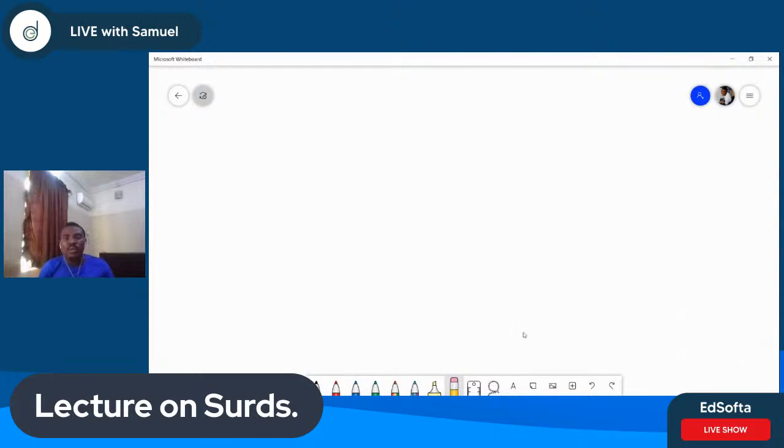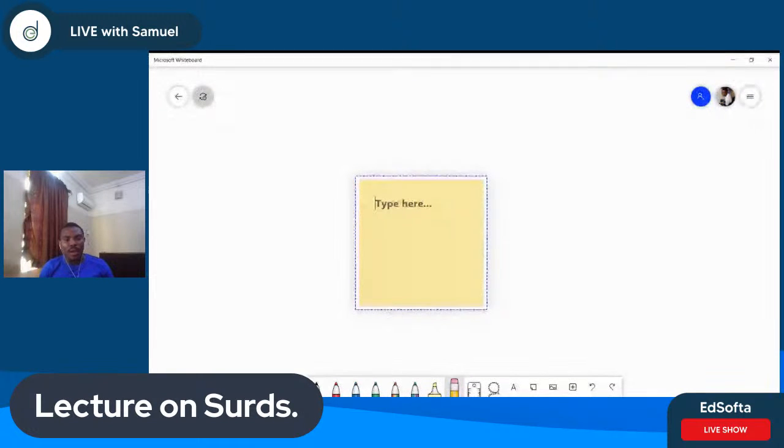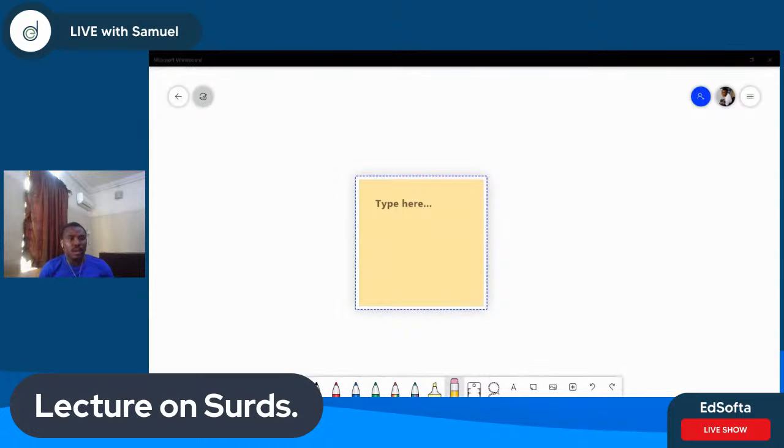So first we want to look at how to simplify surds. Let's take for instance, if we have a surd like this, how can we simplify it to its lowest form?